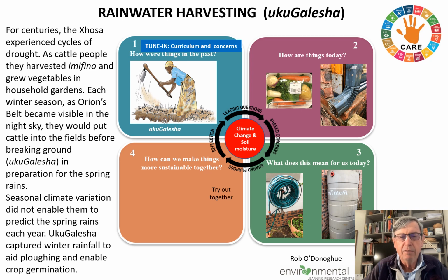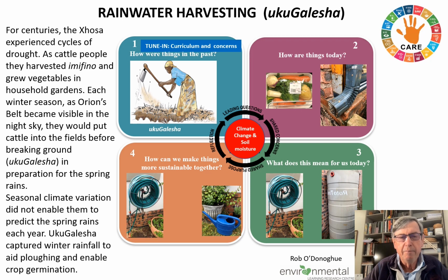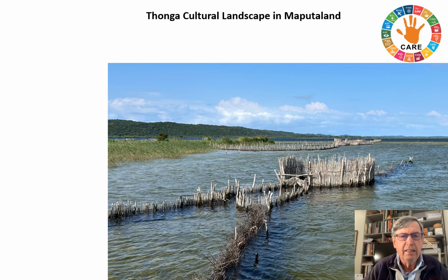Can we put in rainwater tanks? What can we try out together? Should we be watering with hose pipes, or should we be watering with water cans? And how do we prepare for drought conditions? So it's possible to bring heritage in, and also this seasonal ethic of land care, into our classroom settings.